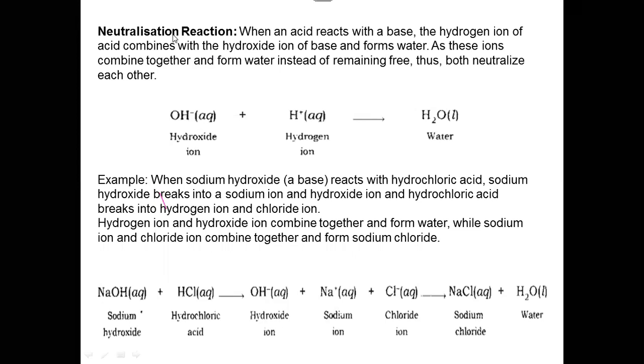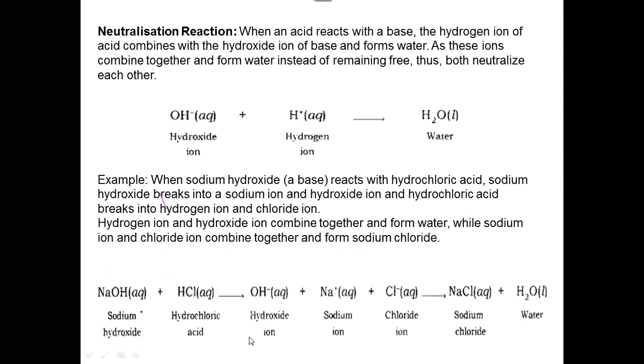We will take a particular example of an acid and of a base. Here HCl is hydrochloric acid and NaOH, sodium hydroxide, is a base. When this acid reacts with this base, the H plus ion of HCl reacts with the OH minus ion of sodium hydroxide to give H2O, and NaCl is formed by the combination of Na plus and Cl minus ions.